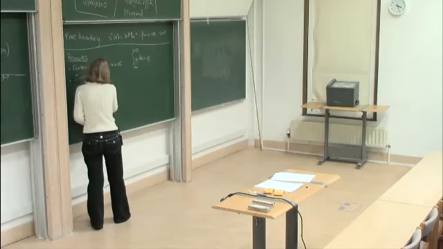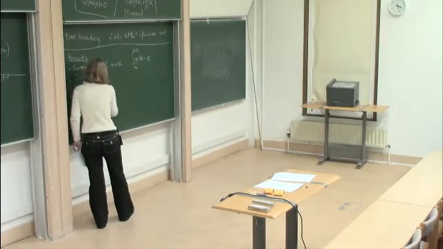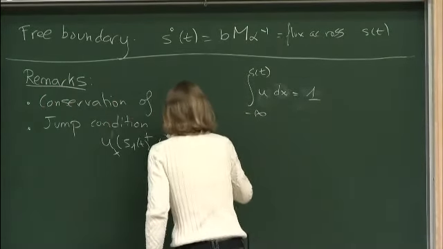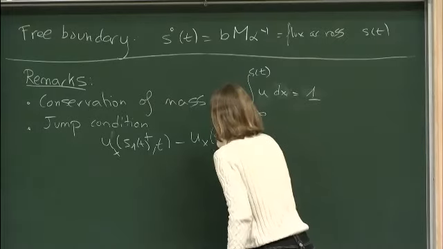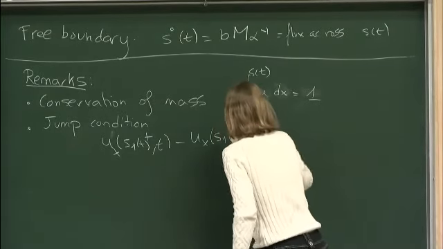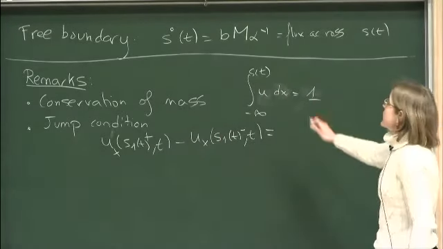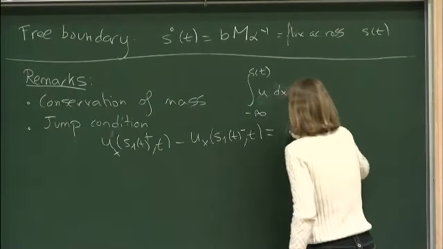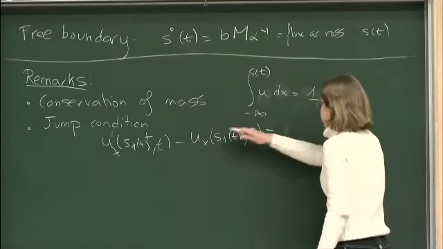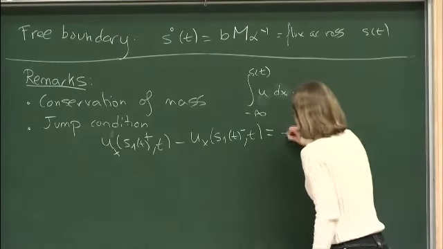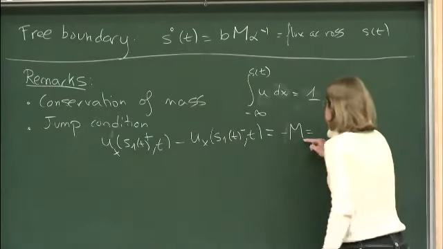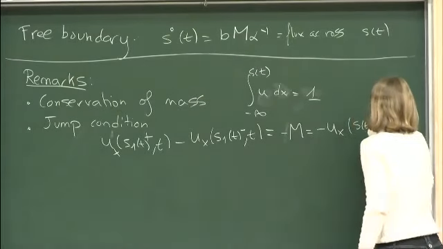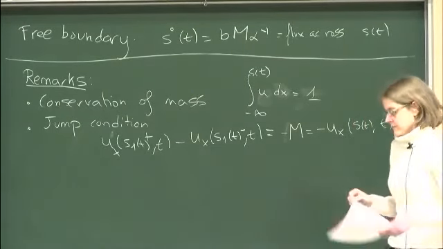So I can say that the derivative of u at the point s1 from the right minus the derivative at the point s1 from the left equals how much? The coefficient of the delta, minus m. In this notation, m is just the derivative of the function at the point s of t.